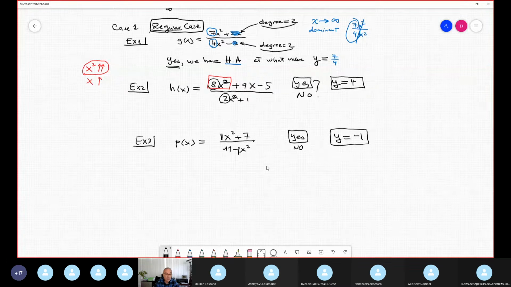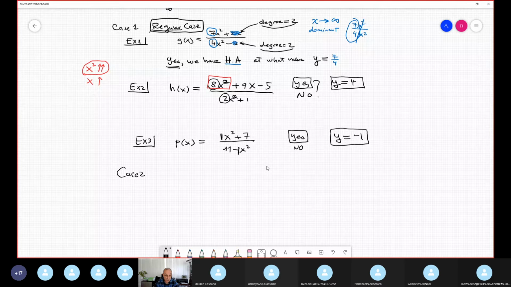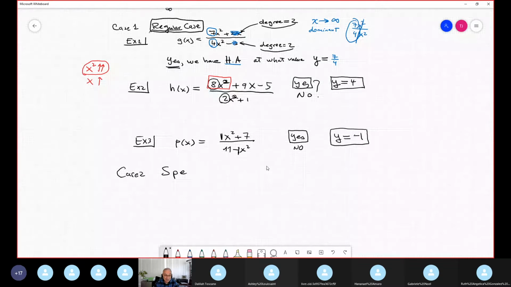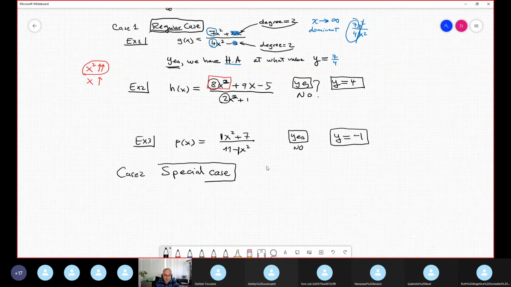No. Unfortunately, no. We have case 2 of the horizontal asymptote, which is a special case. A special case is when the degree of the polynomial in the bottom is bigger than the degree of the polynomial in the top.